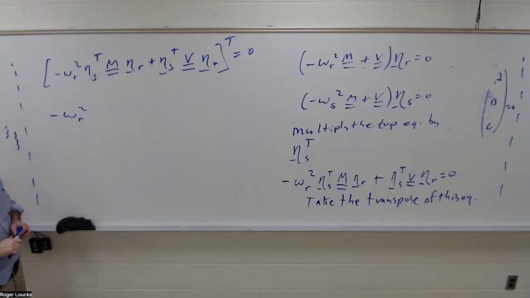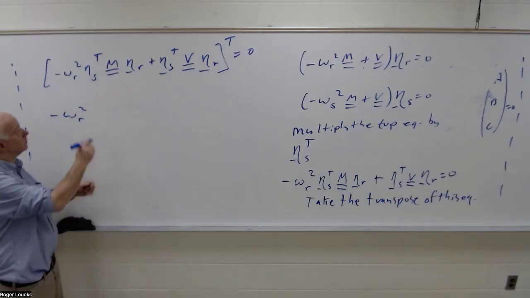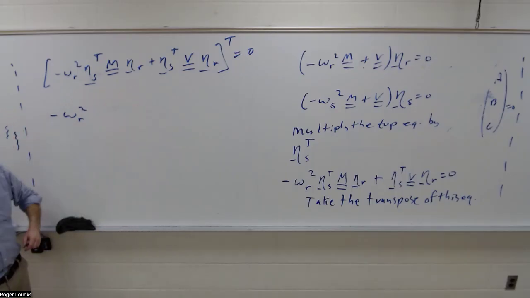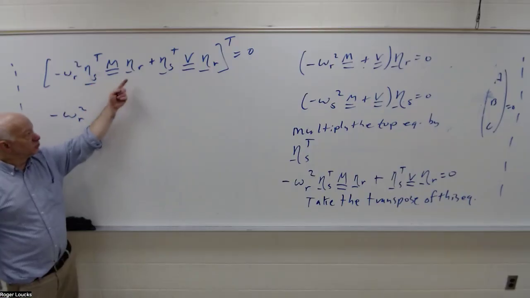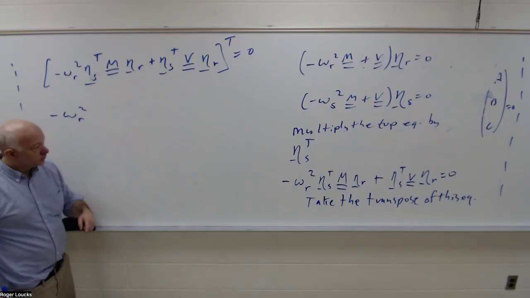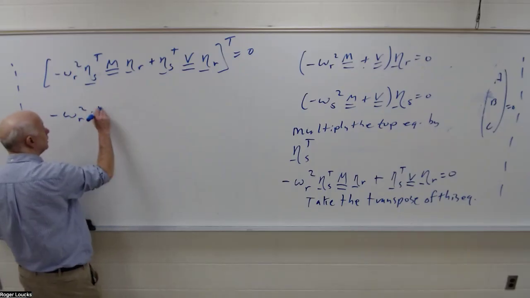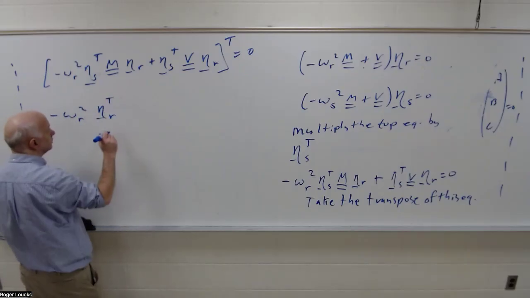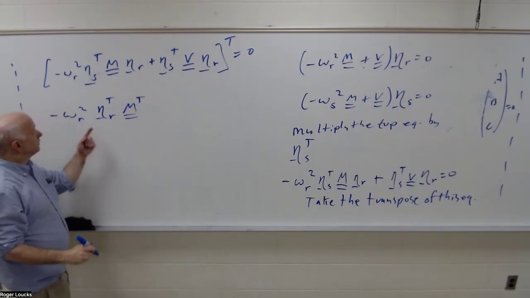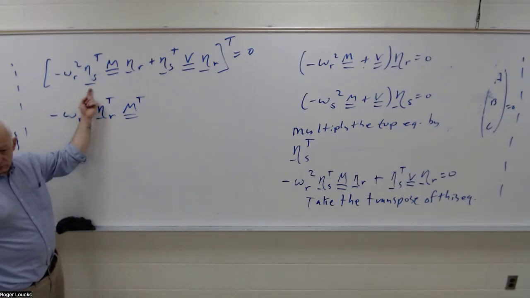You tell me what happens if I take the transpose of this combination? I have to take the transpose of each of these, but in reverse order, flip them. So this one becomes eta bar r transpose, M transpose. Now what happens if I take the transpose of this transpose?